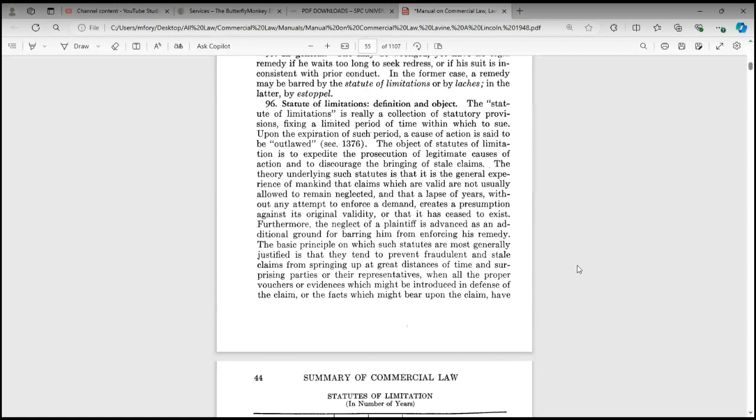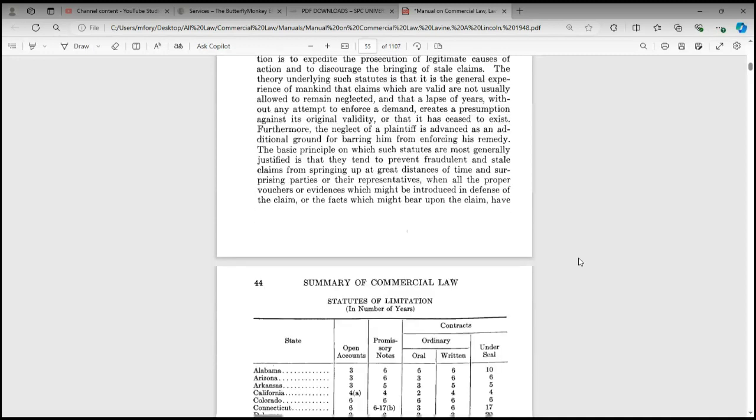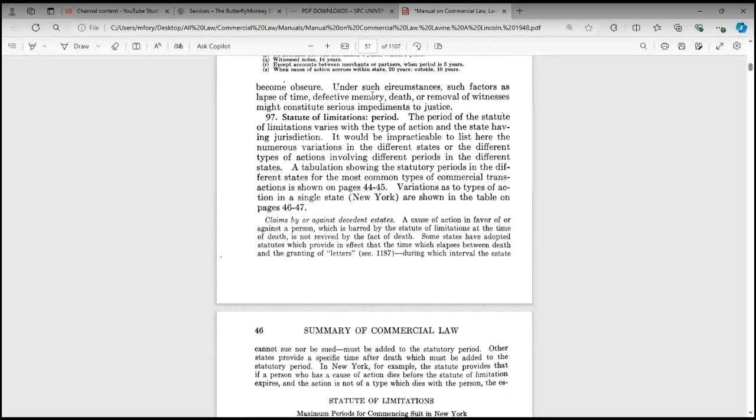The basic principle on which such statutes are most generally justified is that they tend to prevent fraudulent and stale claims from springing up at great distances of time and surprising parties or their representatives when all the proper vouchers or evidences which might be introduced in defense of the claim, or the facts which might bear upon the claim, become obscure. Under such circumstances, such factors as lapse of time, defect of memory, death, or removal of witnesses might constitute serious impediments to judgments.